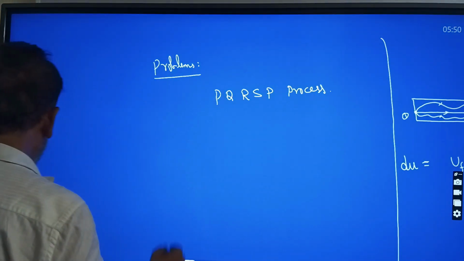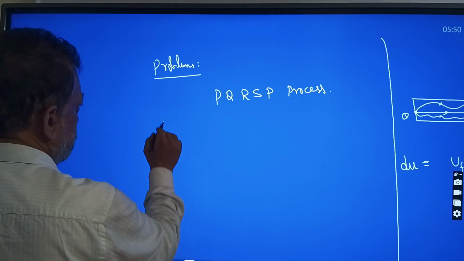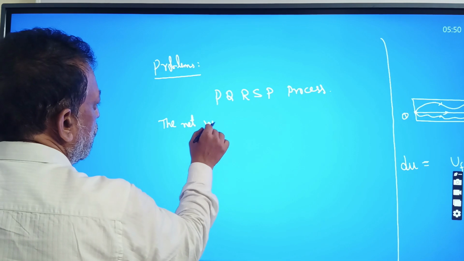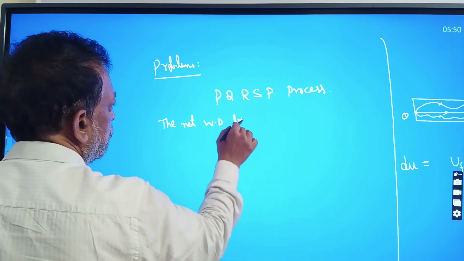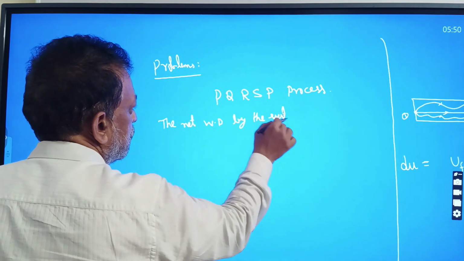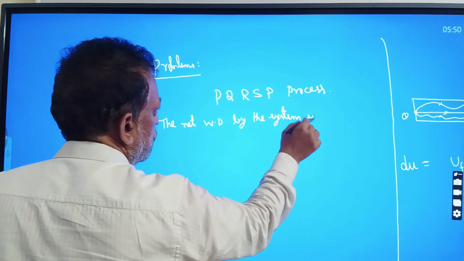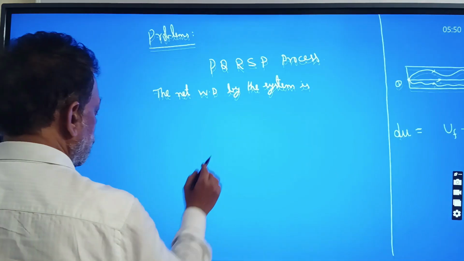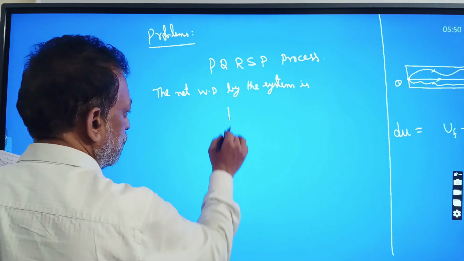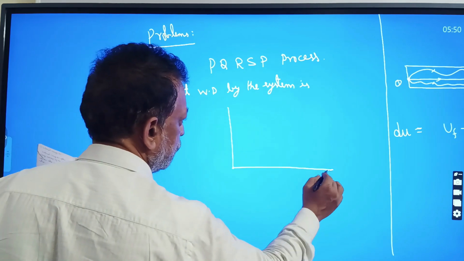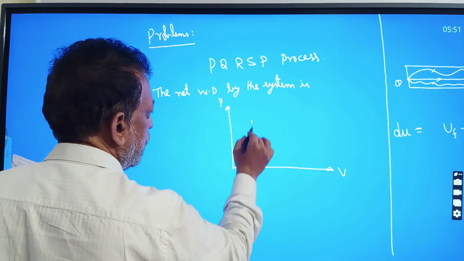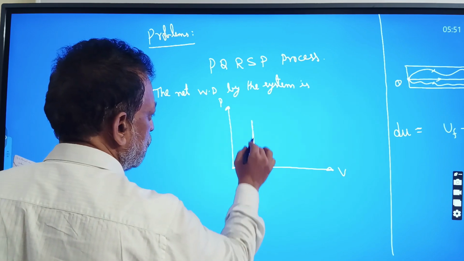The net work done by the system is what? The figure is given, with volume on one axis and pressure on the other. It is a closed system.